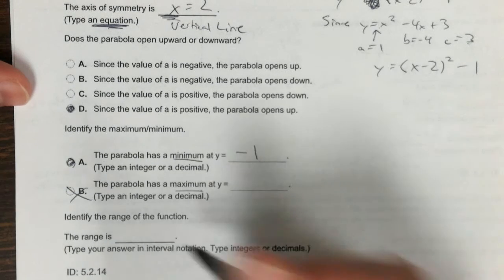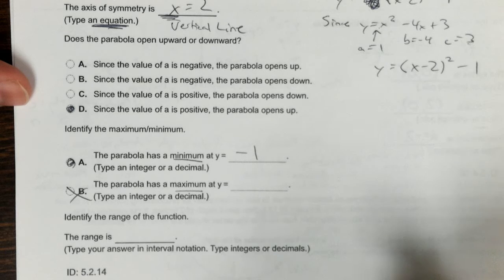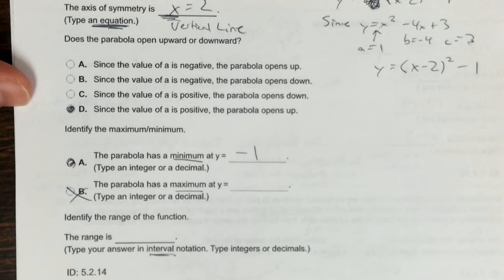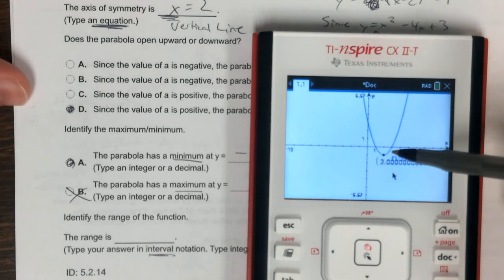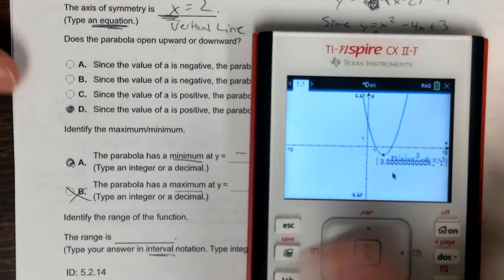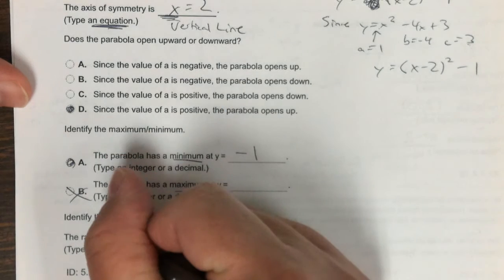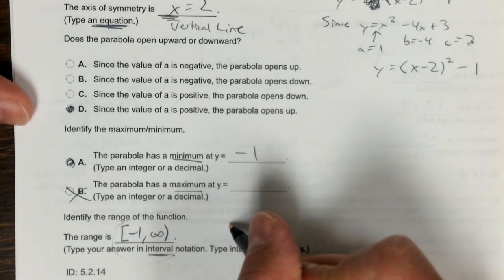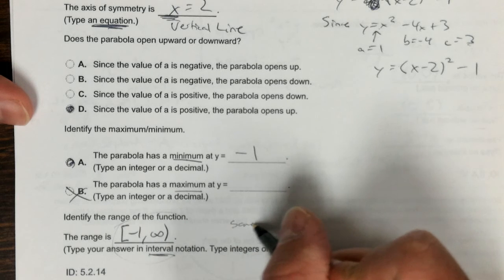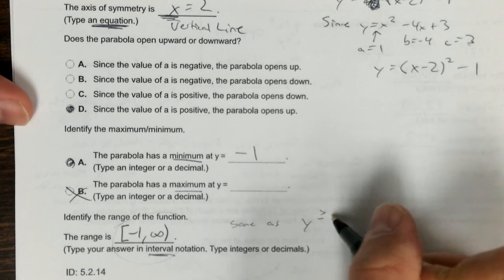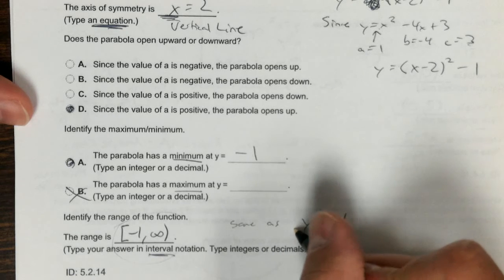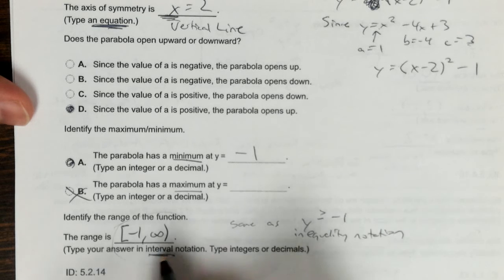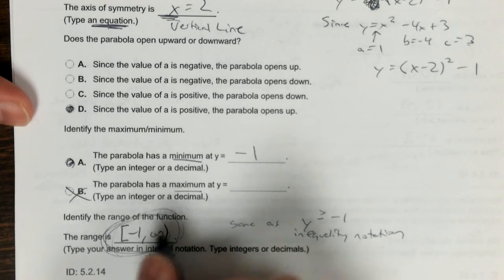And then for the range, they do want interval notation. You start at the low end, which is negative 1, and you go up to infinity. That's the same as y greater than or equal to negative 1, which is inequality notation. But they want interval, and so it has to be this way.